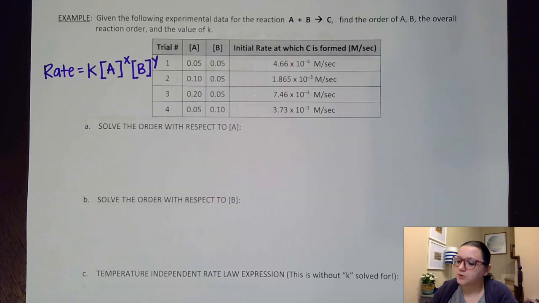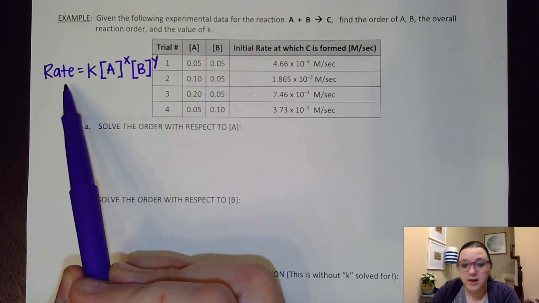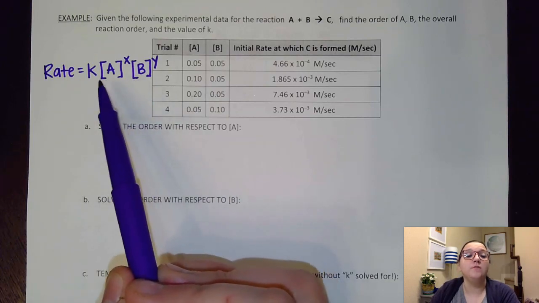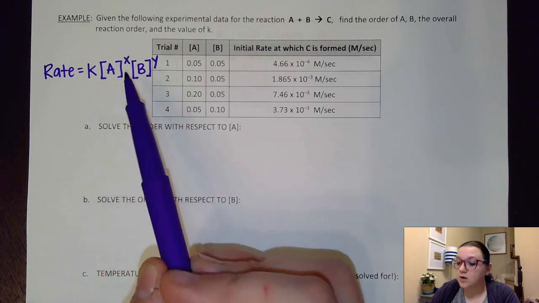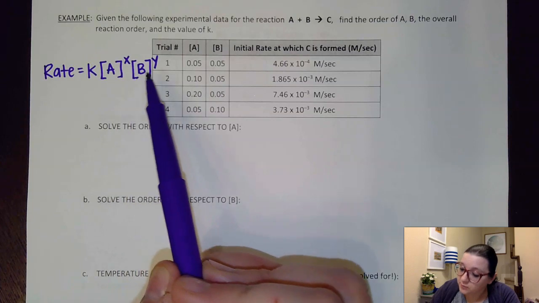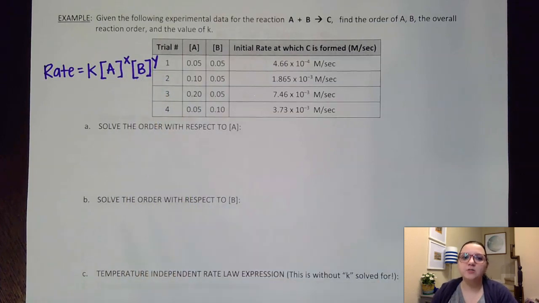And so by using this data to plug in for rate, A and B here, we're going to be able to solve k, our constant. We're going to be able to solve x, which is the order of A, and we're going to be able to solve y, which is the order of B. And we're going to do so in a very set order here.